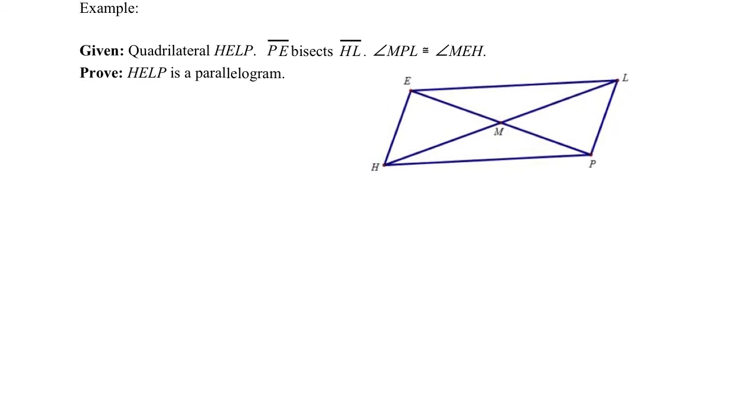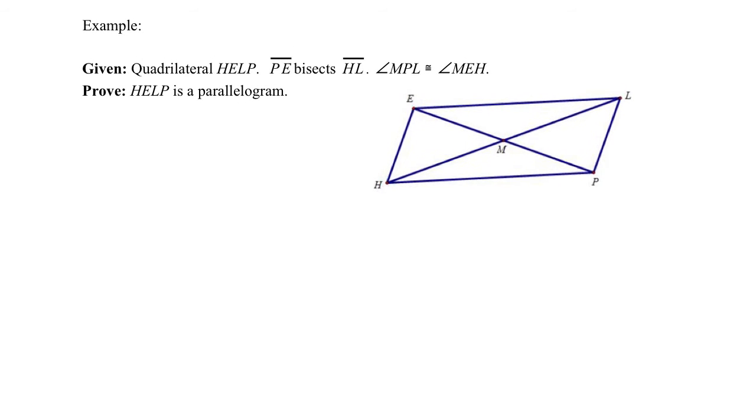Okay, so all right. Let's look at this. We're not going to do an actual proof here because I don't think you have enough room, but let's talk about how we would do this. So what are we given? I've got a quadrilateral here, and I know that PE bisects HL. Okay, so I've got this right here, and I know that angle MPL, that's this one right here, is congruent to angle MEH.